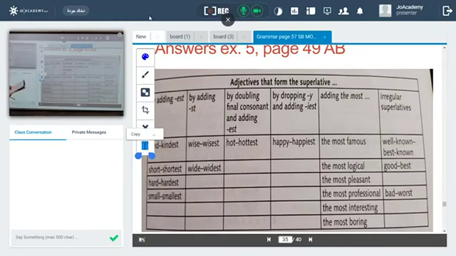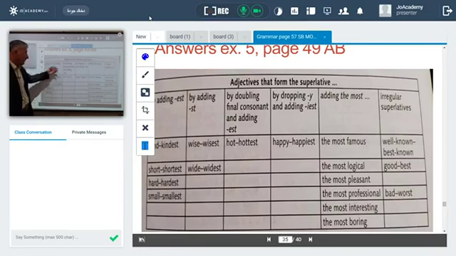The adjectives in the correct column. We have adding -est: kindest, shortest, hardest, smallest. Adding -st only to the adjective, like wise, wisest, wide, widest. By doubling the final consonant and adding -est, like hot, hottest.